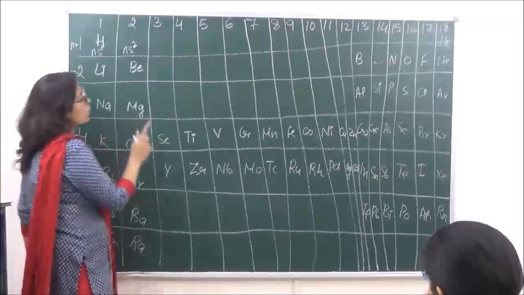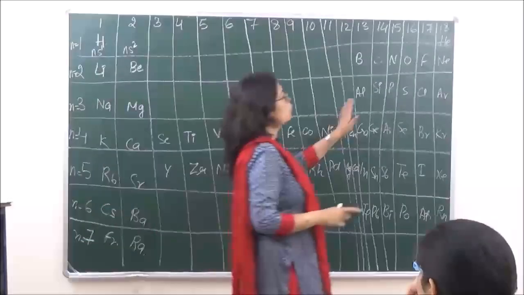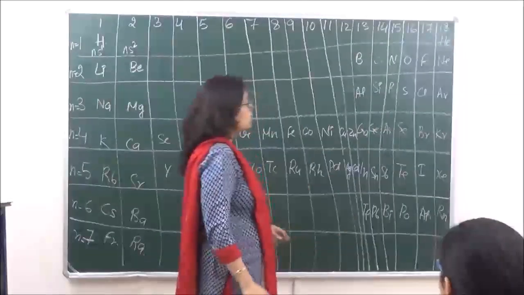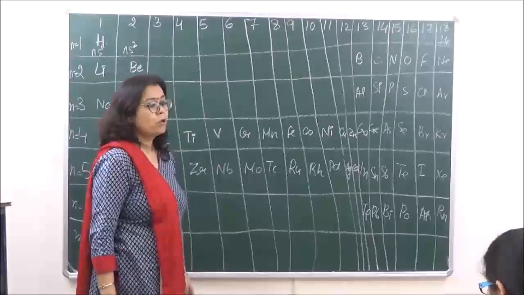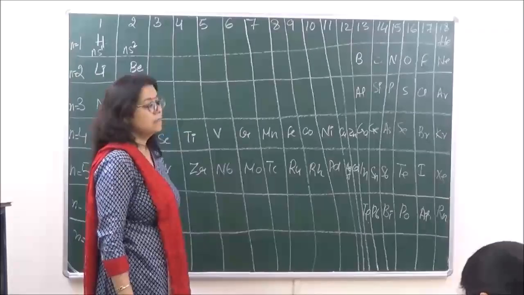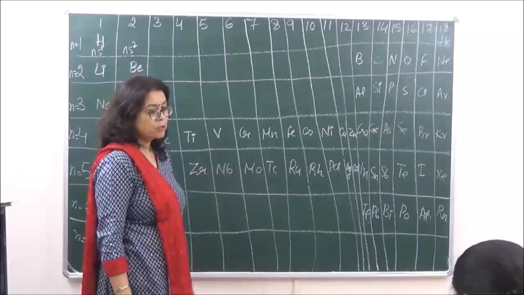Okay? Then we go on to group 13 to group 18. In group 13 to group 18 we are progressively filling the p subshell.